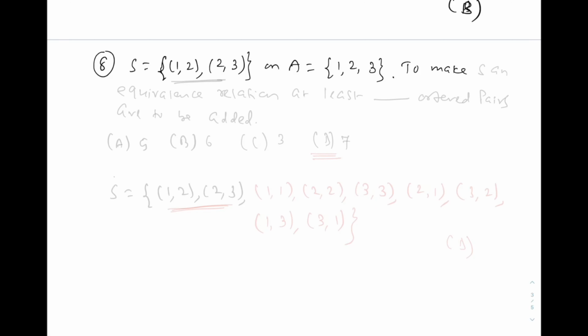To make S an equivalence relation, at least blank ordered pairs are to be added.